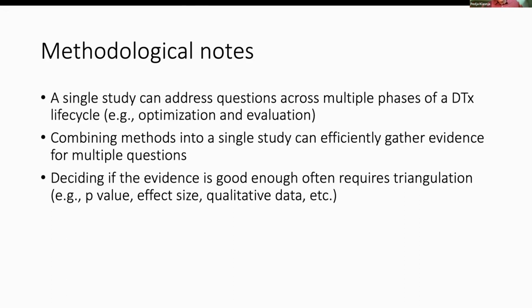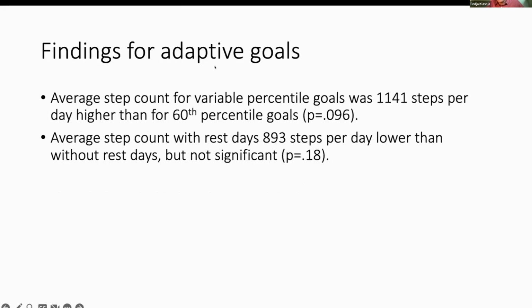And then the key part here, I think, for our purposes is the notion that deciding if evidence is good enough often requires you to triangulate across different evidence sources, right? If we look at what we are seeing for the adaptive goals, the effect size is actually quite large, over 1,000 steps per day for just this one manipulation, the form of the goal that people get. But it's marginally significant, right?